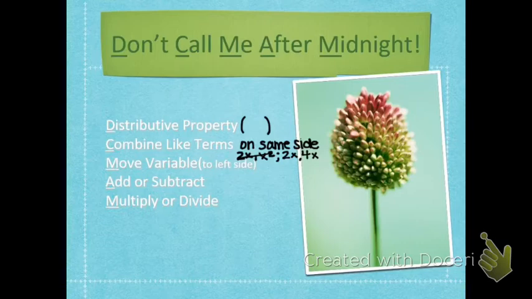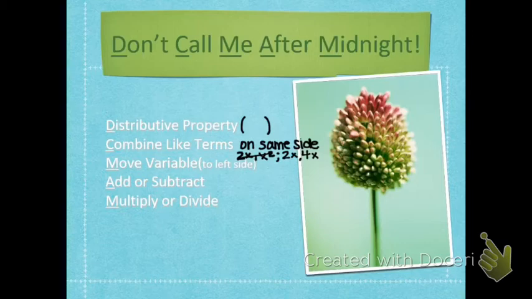Now, moving on to me in the sentence, the M in me stands for move the variable. This is key as well. You're only moving a variable if there is one on both sides of the equation. If there's only one variable in the entire problem, then we don't need to move the variable.